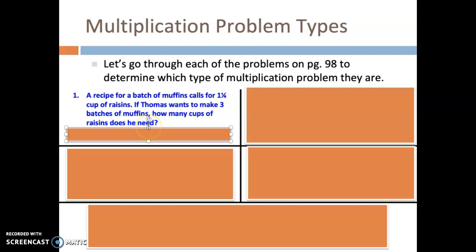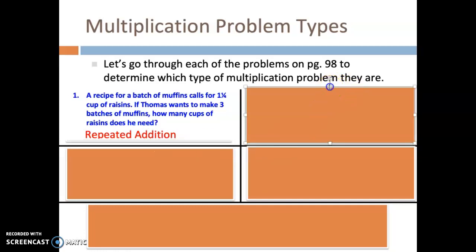Think about the different types of multiplication problems. Hit pause and see if you can figure this one out. It's a repeated addition.